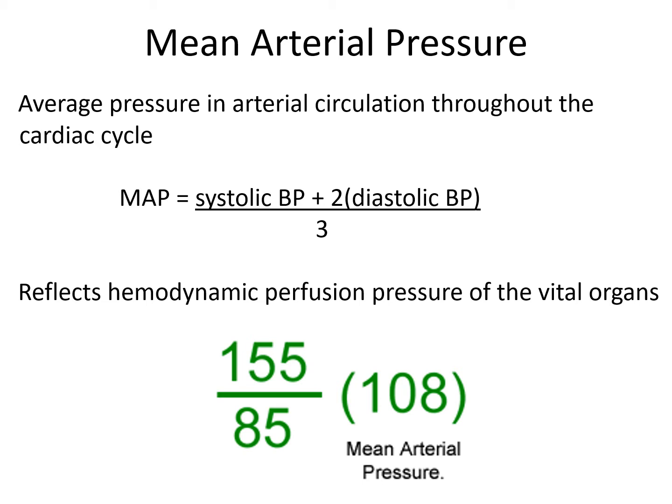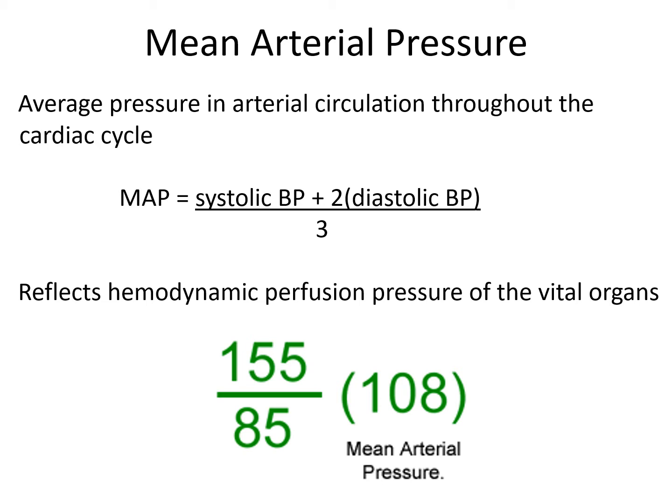Okay, so in our example here, 155/85, the mean arterial pressure is 108. Well, that's excellent. There's no problem there. It's almost always a problem when it's on the low side, not when it's on the high side. So we really don't pay much attention to an upper normal level, but we are very concerned about a lower, I wouldn't call it normal, but where we know that our patient's vital organs are being perfused.